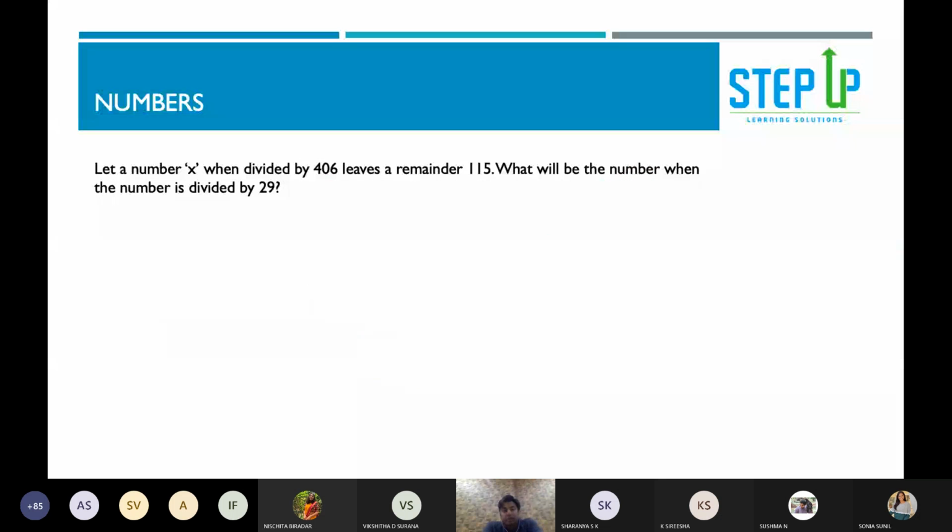Okay, now let's talk about another question. Let a number x, when divided by 406, leave a remainder 115. What will be the remainder when the number is divided by 29?